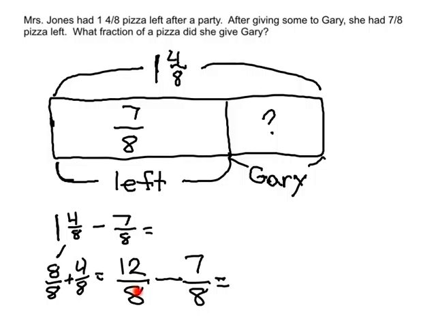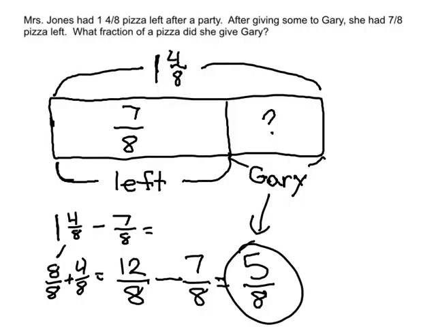And we're working in eighths. That stays the same. That hasn't changed. But how many of those 12/8 did Gary take? Then that gave us 7/8 left. So 12 minus 7 equals 5 of the eighths. So the amount of pizza that Gary took is 5/8.